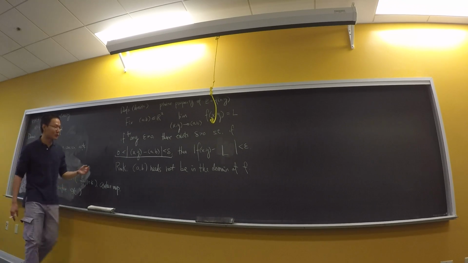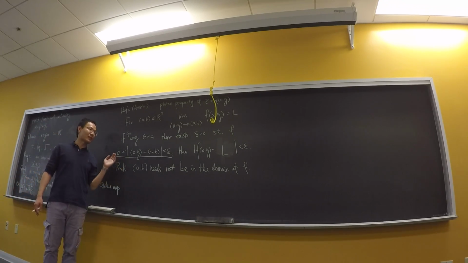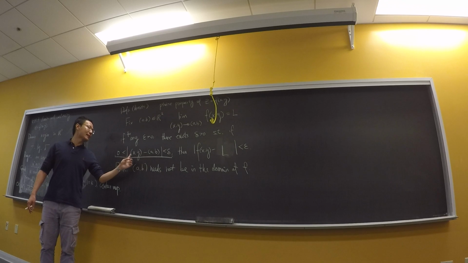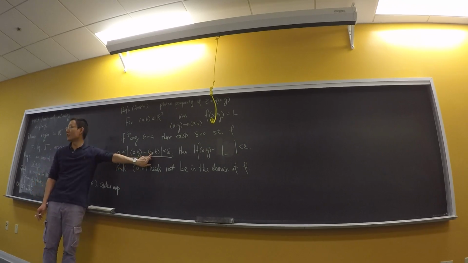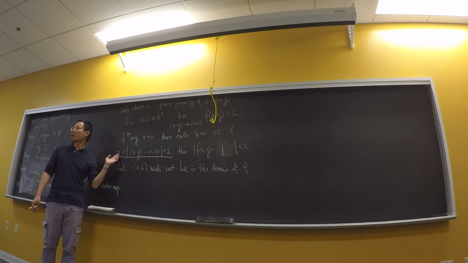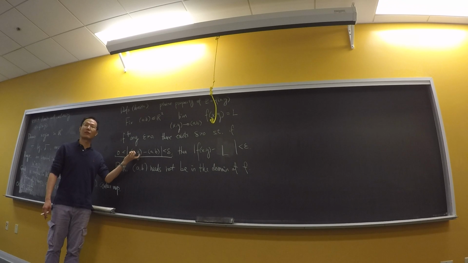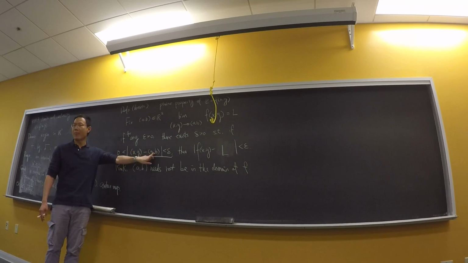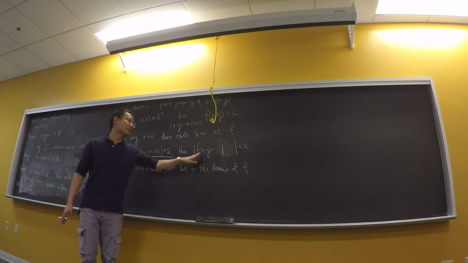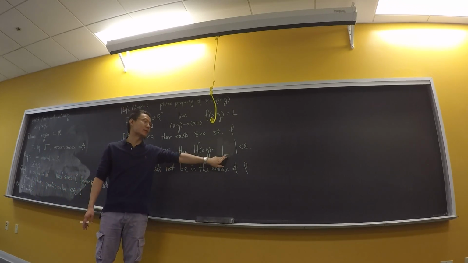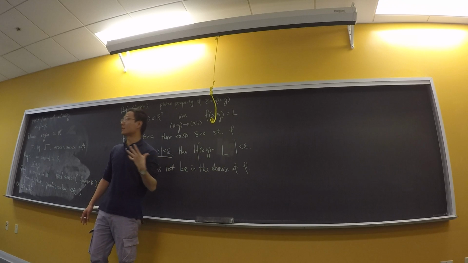The reason I don't need to require AB to be in the domain is coming from this inequality. So I'm saying as long as xy is close enough to this fixed point, but this xy will never touch this fixed point because of this greater than 0 condition. All right? I'm just saying as long as these neighboring points of xy are very close to the fixed point, but it is never equal to the fixed point, then the function value at this neighboring point will be close enough to this fixed value L, then you will have a limit.